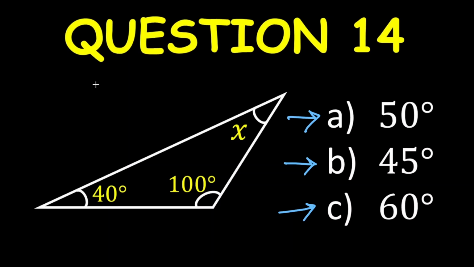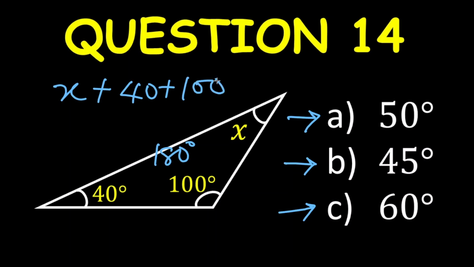We have that the sum of angles in a triangle is 180 degrees. Never forget that. So when we sum up these angles, x plus 40 plus 100 equals 180. They should always equal 180. So let's simplify this. 40 plus 100 gives us 140.